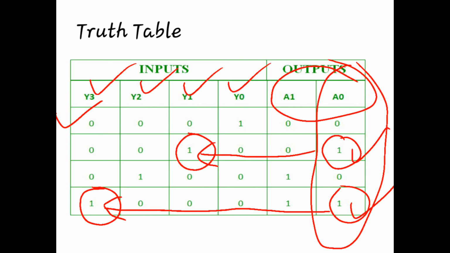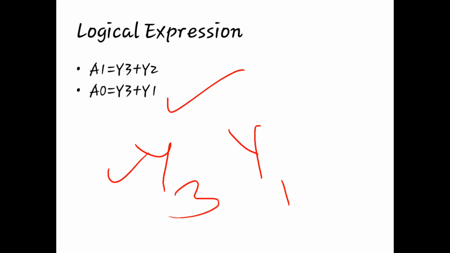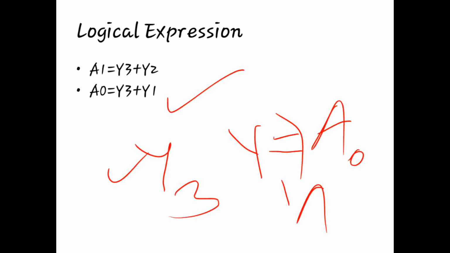So when the expression of A0 has to be written, the corresponding inputs we found are y3 and y1, which were active, resulting in A0 being high.